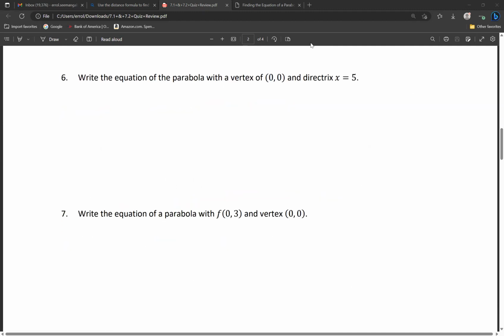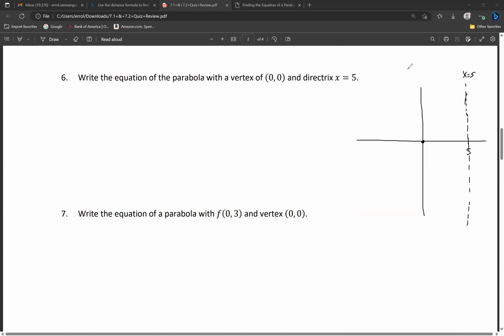Let's make a little diagram first. There's your 0, 0, and directrix x equals 5. X equals 5 is this vertical line right here.